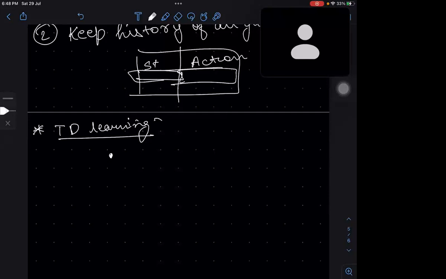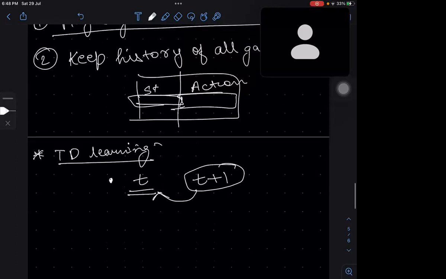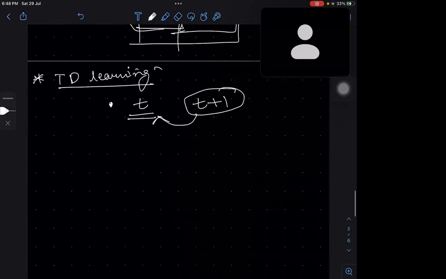Talking about TD learning, if I'm at a particular time T, I'll get more information at time T+1 than at T. That is what TD learning is. You have more information, so you can rely on the reward at T+1 more than at T.